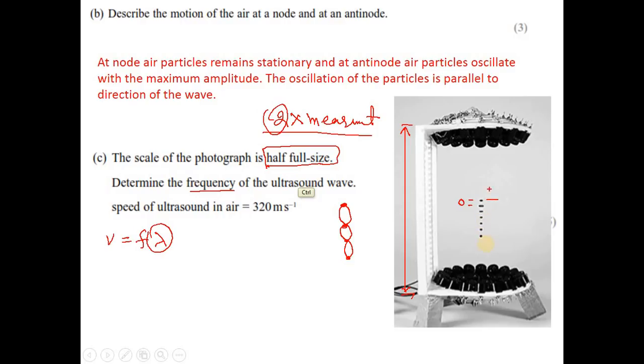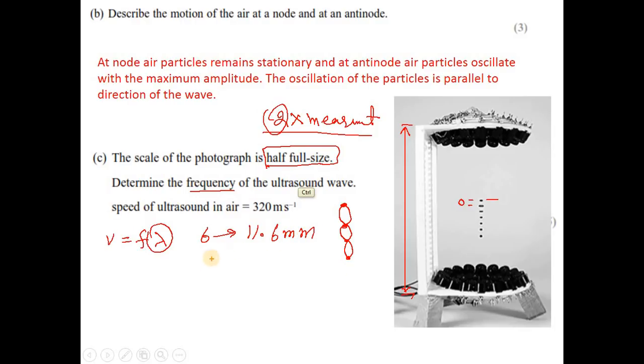You can take all, or you can take 4 or 3. 3 will be sufficient, or 4 or 5 will be good. So I'm using 6 positions, 6 droplets here. If I take measurement for the 6 points, I have a measurement of around 11.6 millimeter.